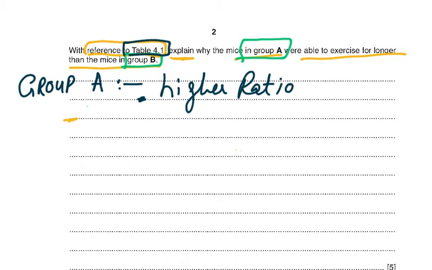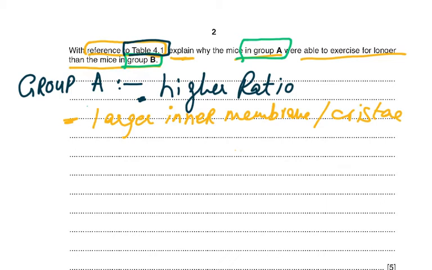Then the second mark scheme point says larger inner membrane. You see, as an examiner, when I'm telling you the mark schemes, I know when I'm checking papers, nobody writes it in this order. Everybody writes whatever comes to their mind.